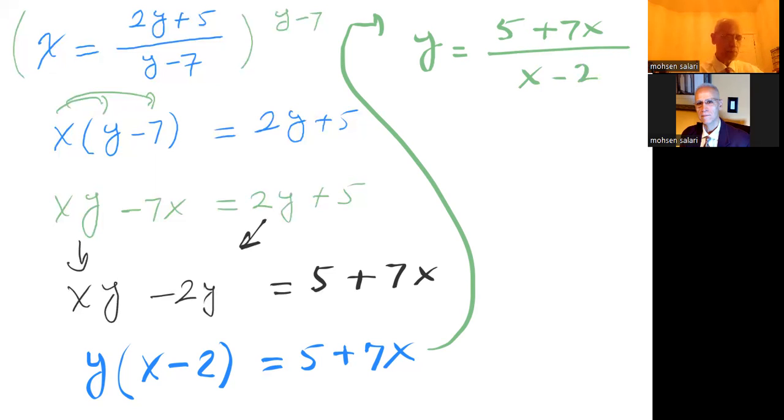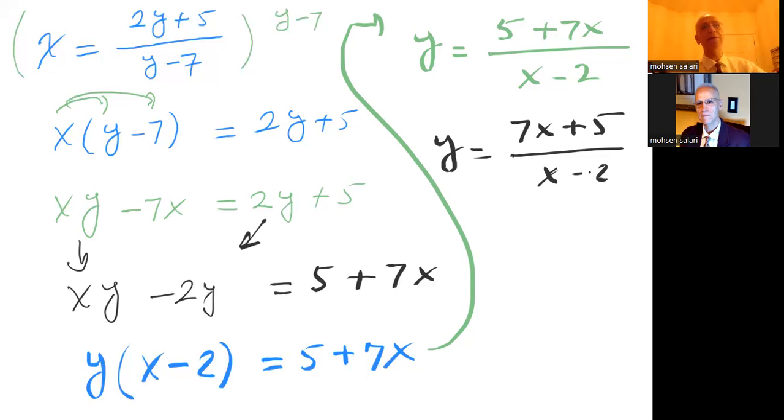Okay. So the only baby step left, if you were looking at this in the back of the book or some literature or the internet, is that usually they like to put the 7x in front, which is the same as 7x plus 5 over x minus 2, but it doesn't matter to me.